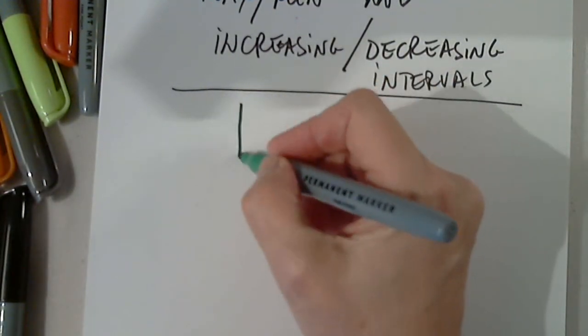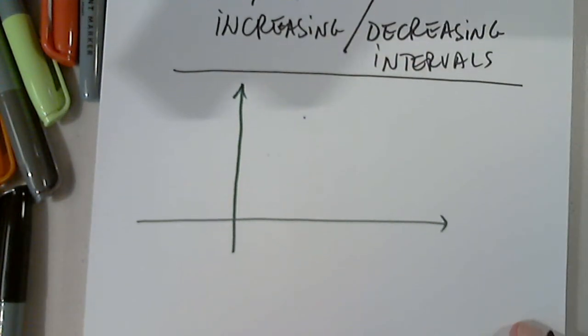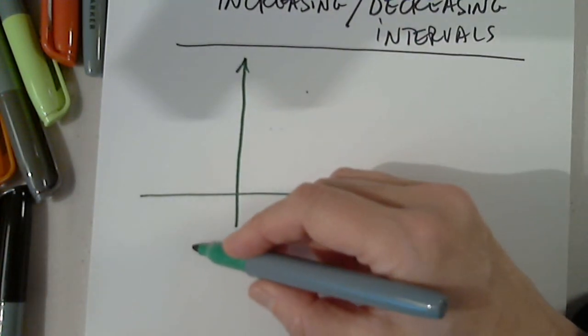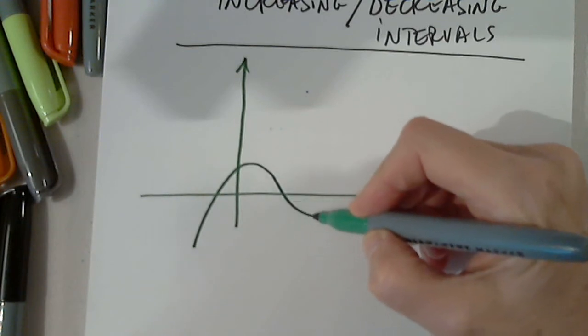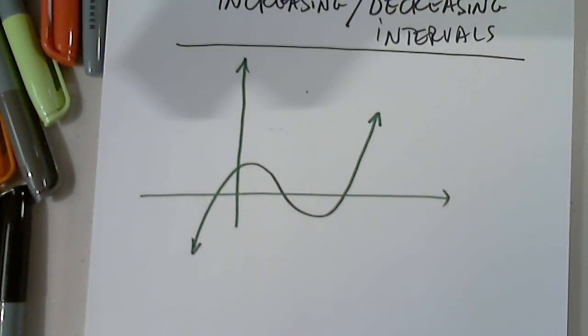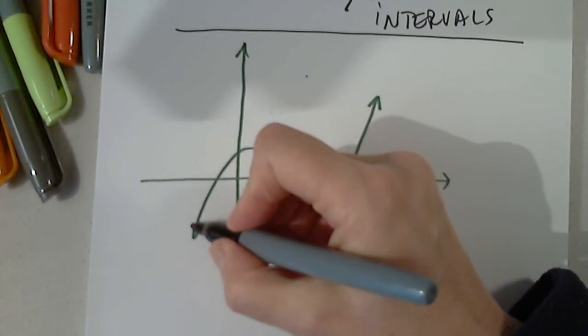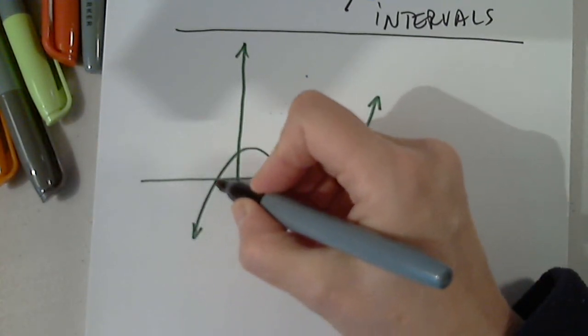I'm gonna graph a function, and then we'll look at problems in the book. So let's say it's this. So notice what I did. I took my marker and I started going up.